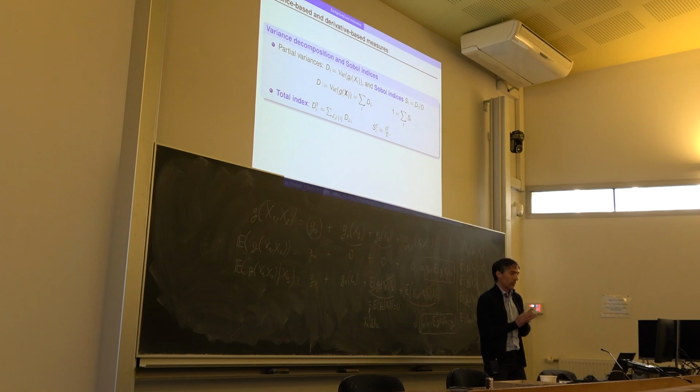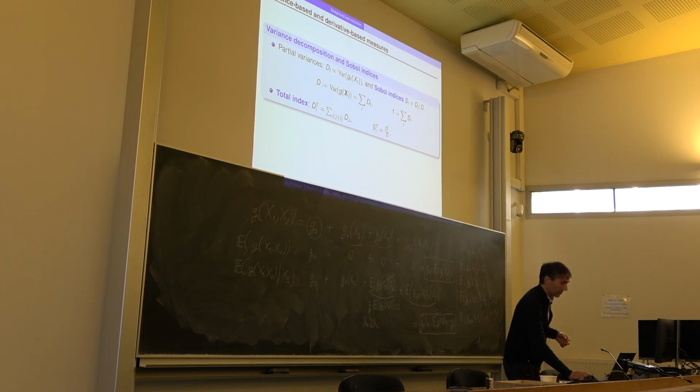So you have that the total variance, which is written D here, is the sum of the variances explained by each term. Okay?